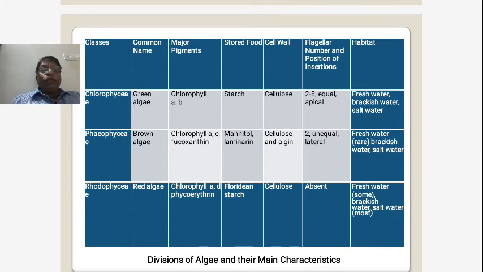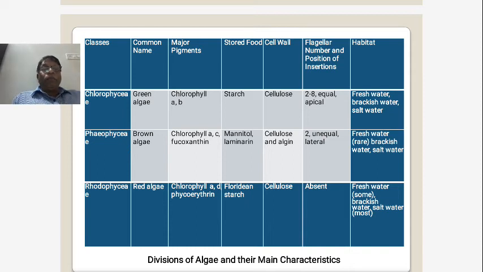In addition to this, they also contain chlorophyll pigment. But chlorophyll A and C is present. In the class Chlorophyceae, chlorophyll A and B are present, but in the class Phaeophyceae, chlorophyll A and C. That's all about the pigments. Okay. Next, what is the reserve food material in this class?